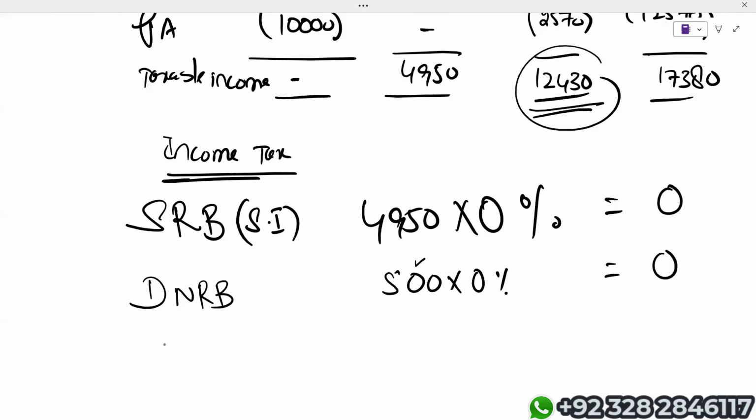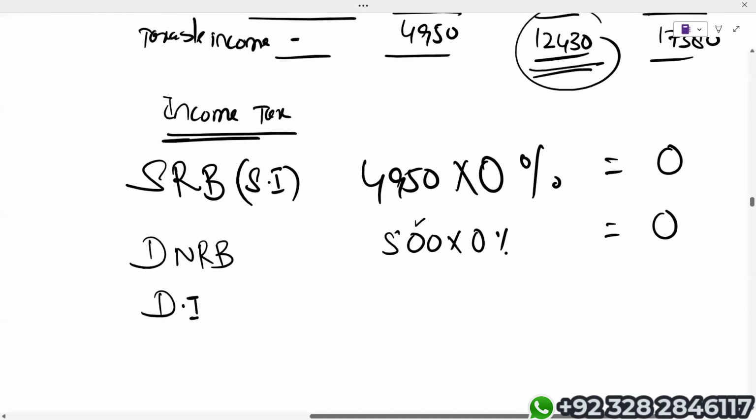The remaining dividend income falls in the basic rate band, where the applicable rate is 8.75%. 12,430 minus 500 is 11,930 at 8.75%.